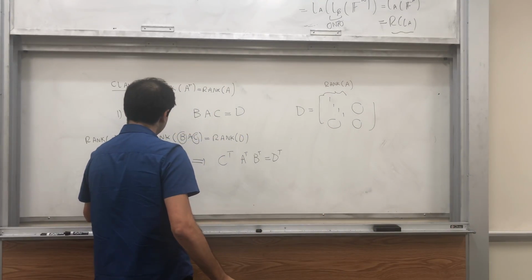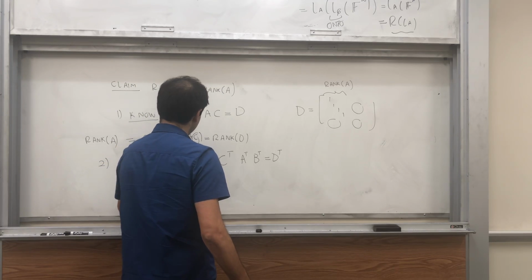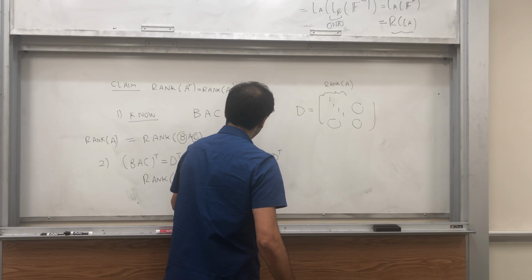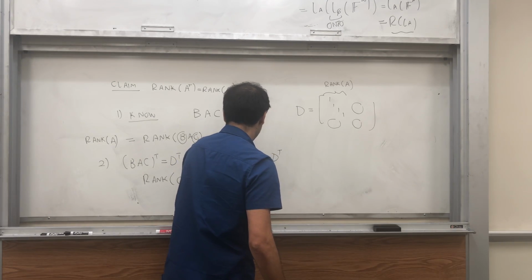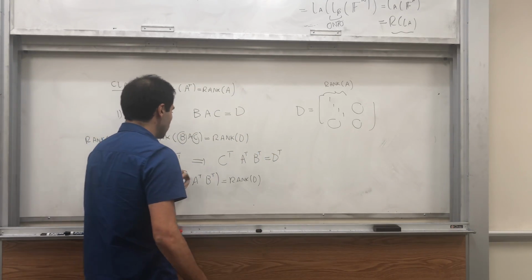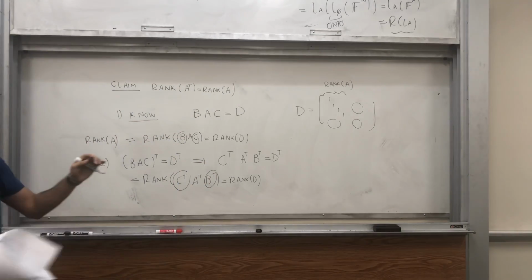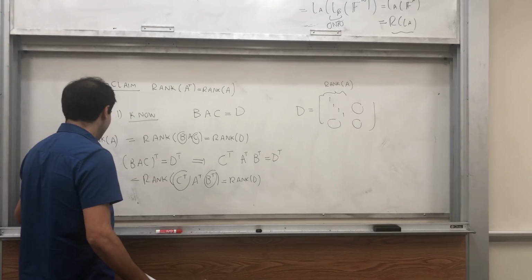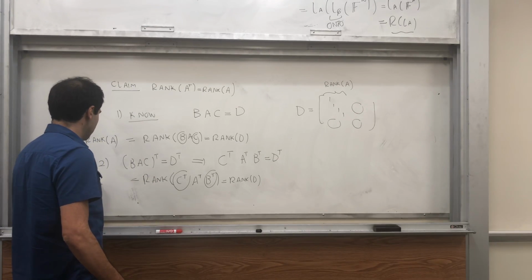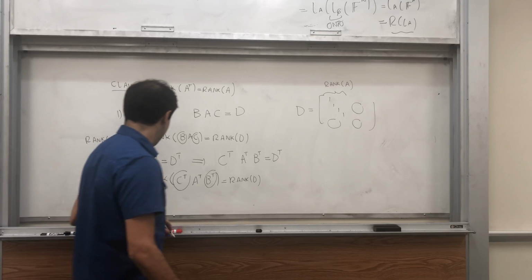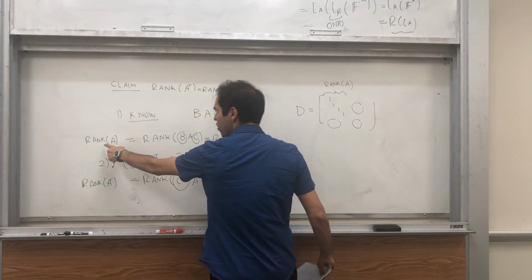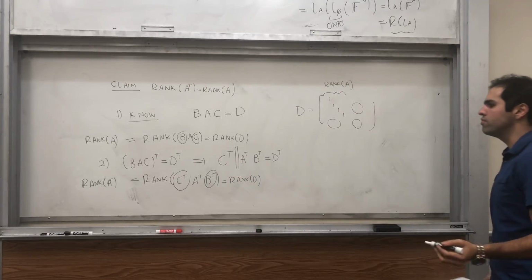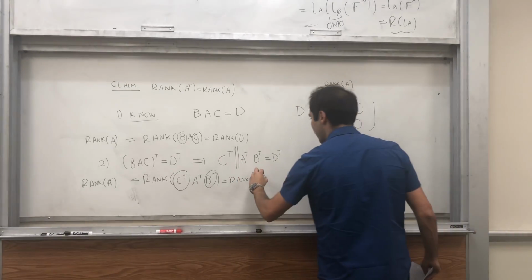The rank of C transpose, A transpose, B transpose equals the rank of D. But that's also equal because those are invertible. So C transpose inverse is C inverse transpose, which exists. So this is the rank of A transpose. So to show that those two are equal, all we need to show is that the rank of D equals the rank of D transpose.